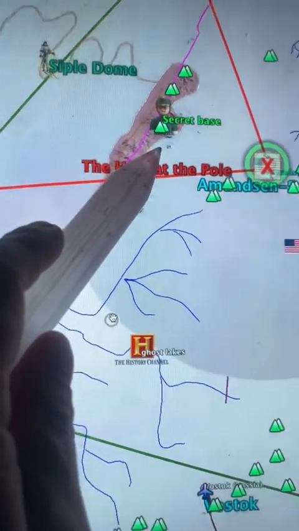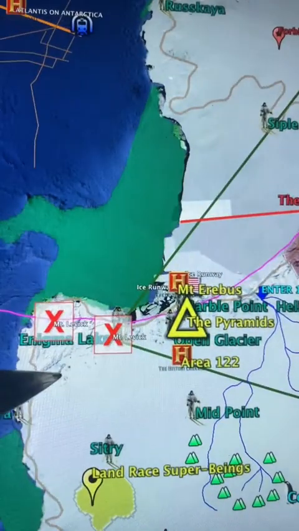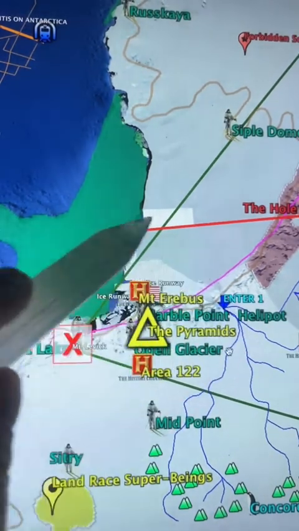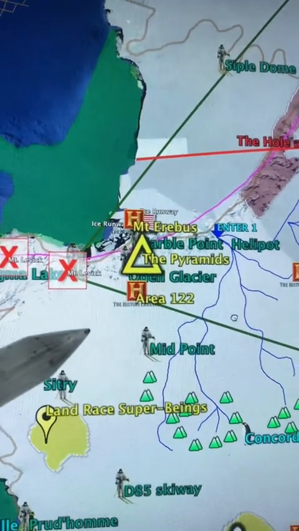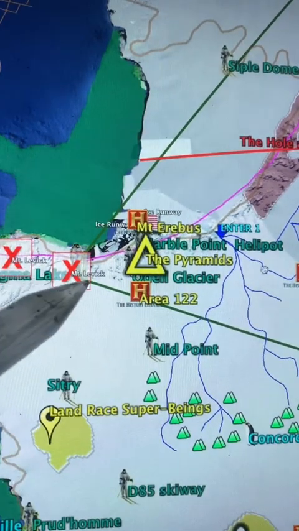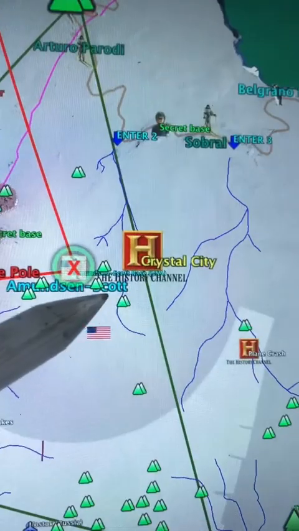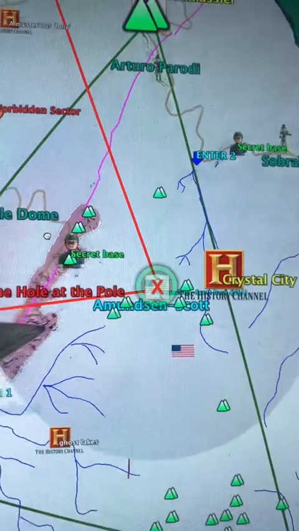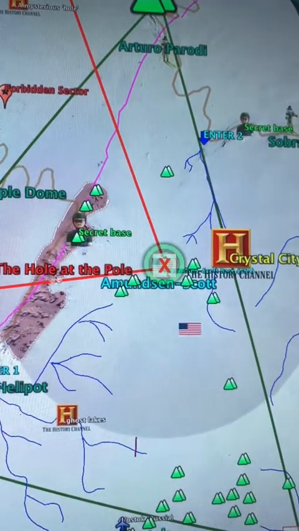Not so far from this military base and the middle point of the inner earth, we have Area 122, where also the pyramids of Antarctica are. Also on these points are alien bases. On this point is an alien base. Here we have found also an alien base. And to go to their planet.